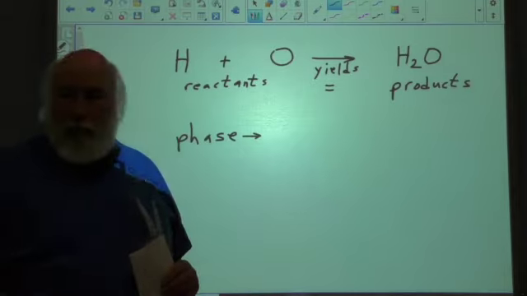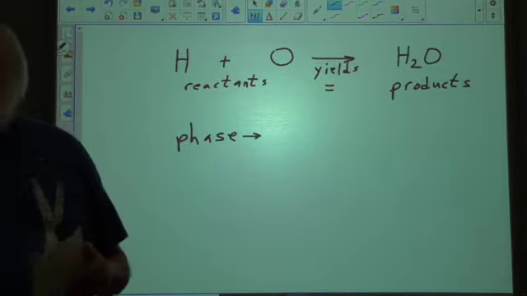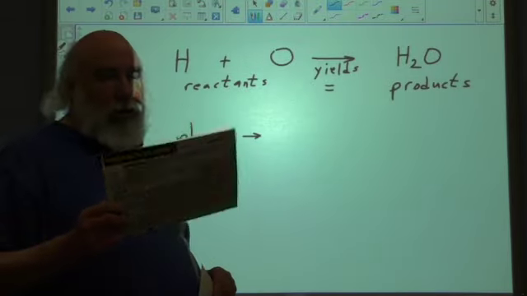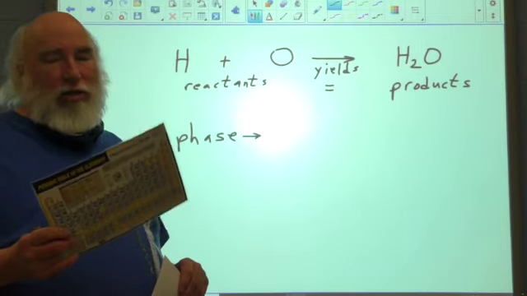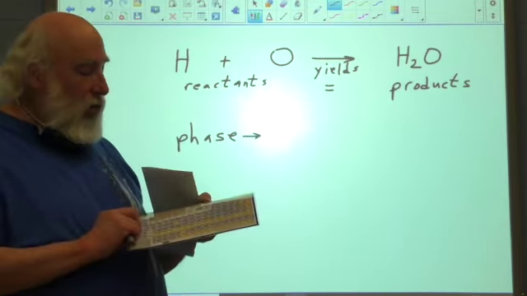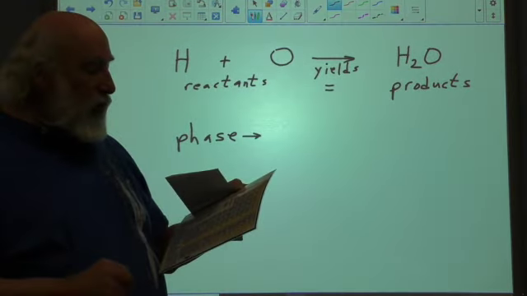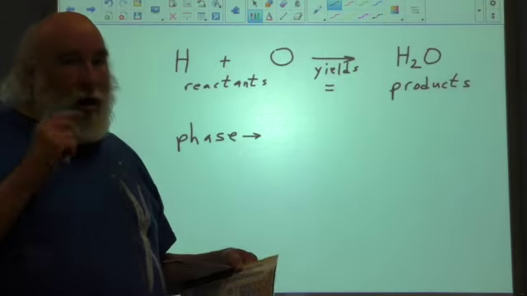Now, the thing about our elements is that virtually all of these are metals. I mean, not metals, but solids. Most of them are metals, but there are some solids that are not metals, like sulfur and phosphorus, arsenic, selenium. Those are examples of solids that are not metals.